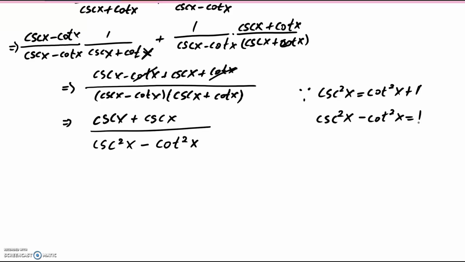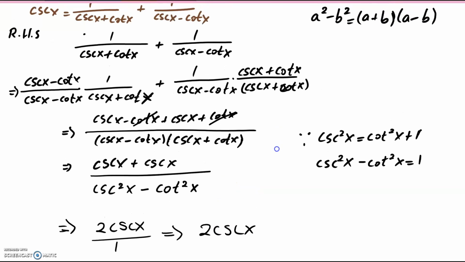I will use this identity in the denominator. But what is happening in the numerator? Cosecant x plus cosecant x will become 2 cosecant x over 1, which is actually 2 cosecant x.